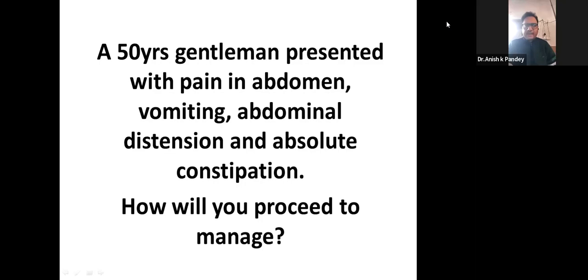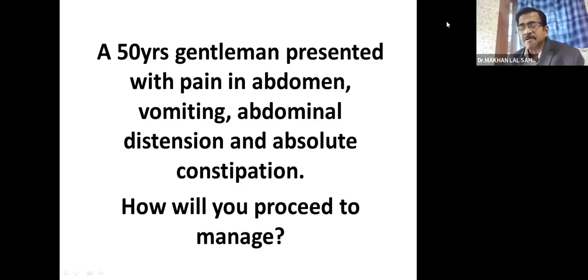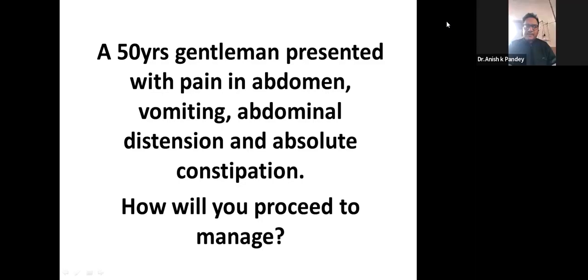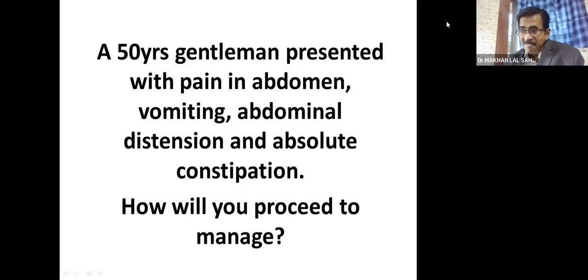Sir, for adhesive bowel obstruction, we can go for laparoscopy. Sir, the patient must be hemodynamically stable, because you are going to create a pneumoperitoneum. If the patient is otherwise hemodynamically stable and the surgeon is experienced, you can put a laparoscope, because it is said that if the patient has adhesive obstruction, managing this by laparoscopic means will be better, because this will incite less adhesion subsequently.